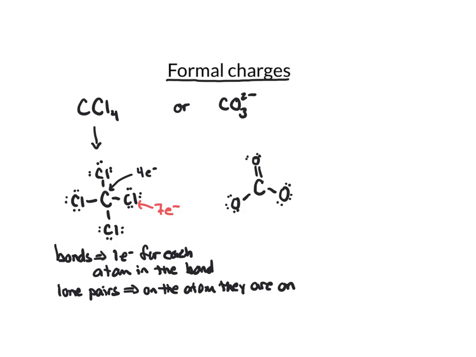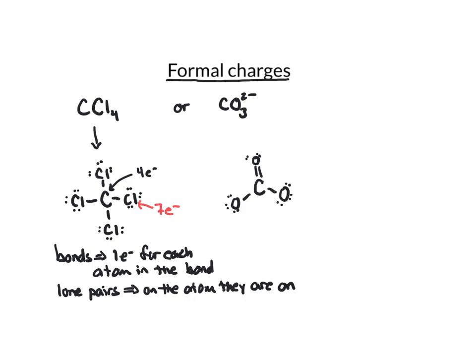Now the question is, does that make that chlorine more negative or neutral or more positive? In order to figure that out, I have to think about how many electrons that chlorine brought to the structure. Remember that we're looking only at the valence electrons, and chlorine is in group 17, so it has 7 valence electrons.